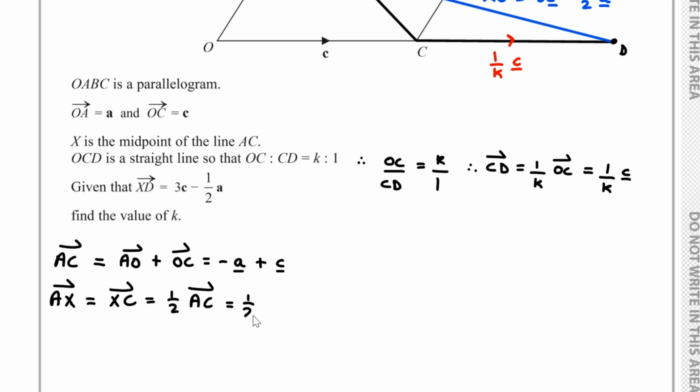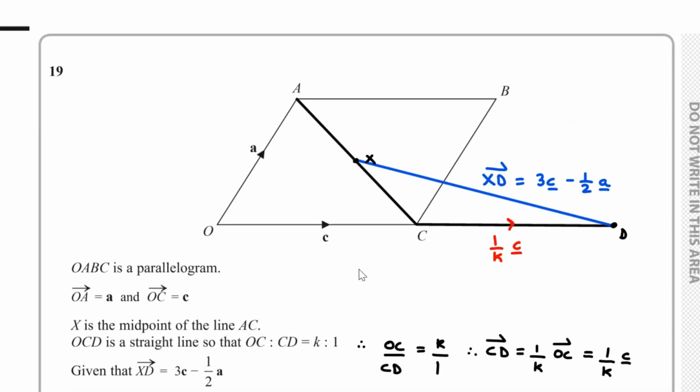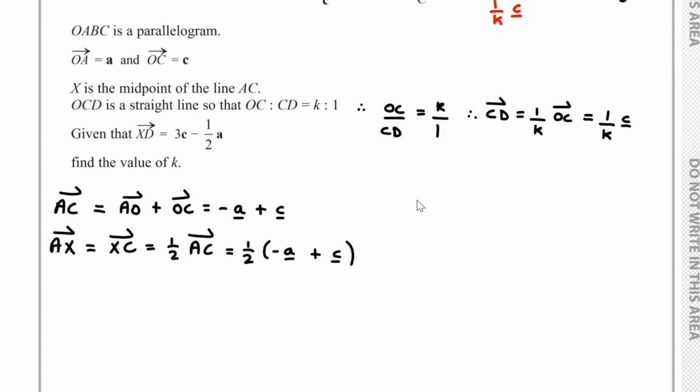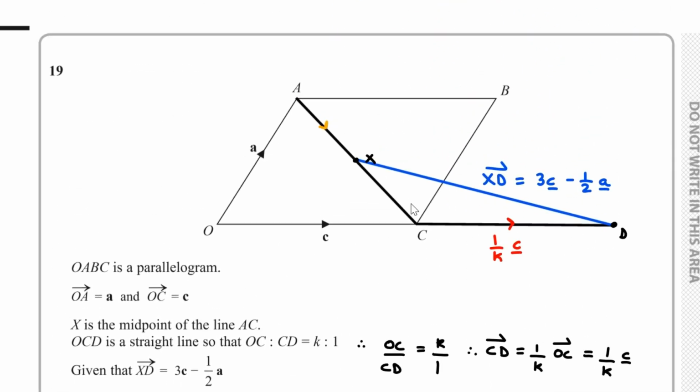So here we've got 1/2 lots of minus A plus C. Okay, so if I add this to the diagram, this over here is equal to minus 1/2 A, if I expand out as well, plus 1/2 C.